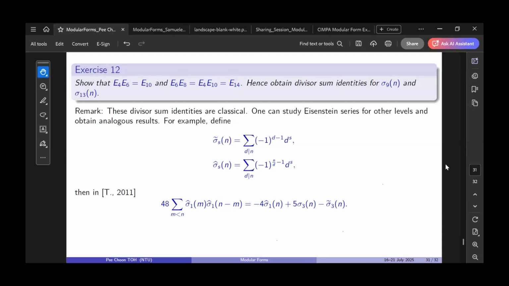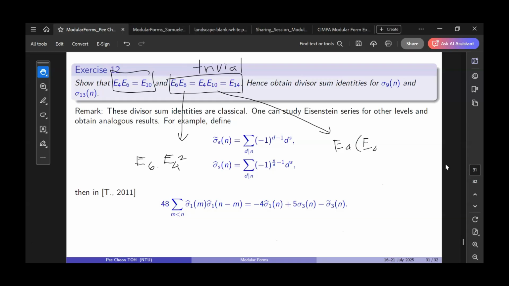This one is trivial if you already prove this, because we already know that E8 is E4 squared, right? So E10, according to this, is E4 times E6. So basically, you just need to prove that E4 is equal to this.